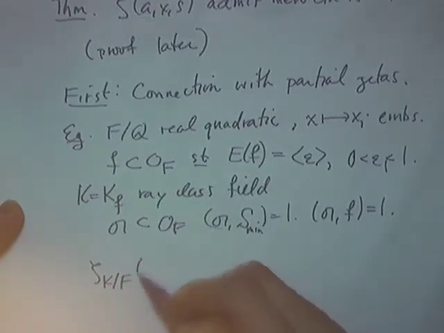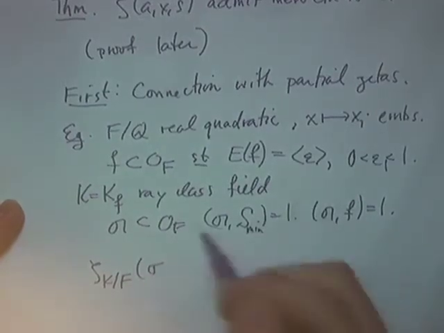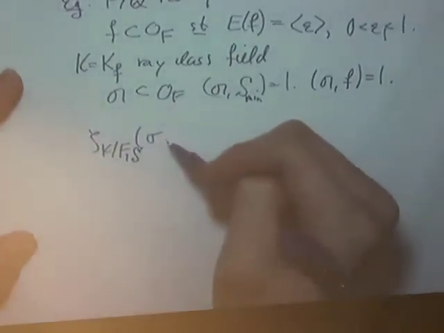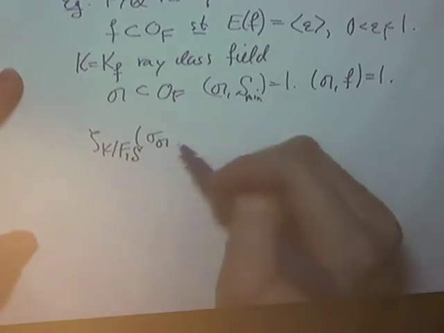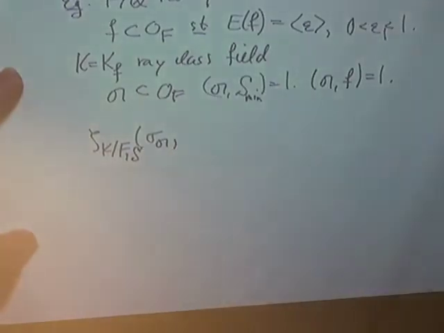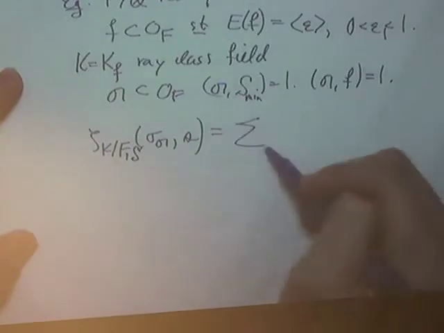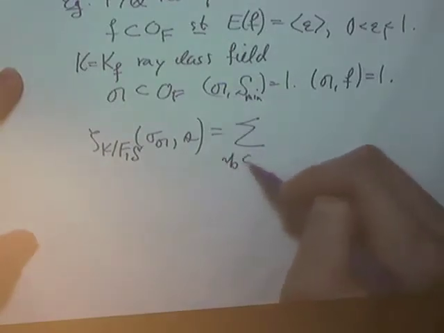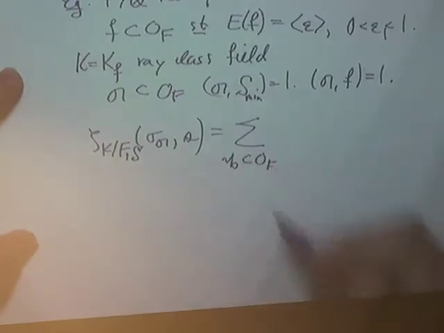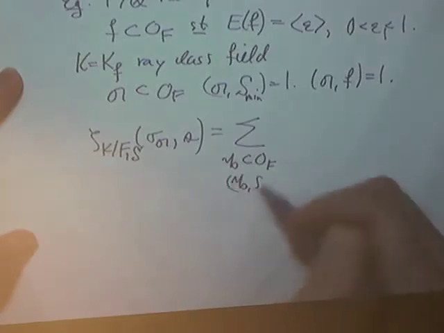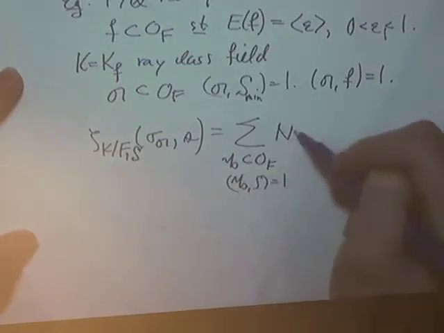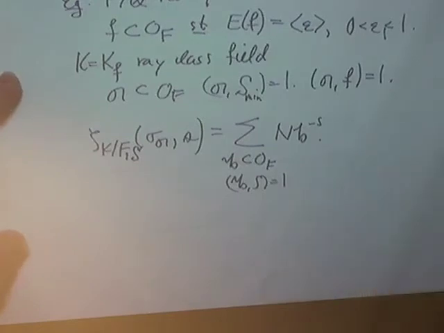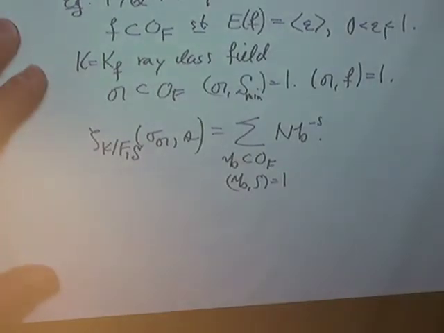In terms of Dirichlet series, the partial zeta function relative to the extension K over F and the set of places S of the Frobenius automorphism of A evaluated at s is going to be the sum where B is an integral ideal of O_F, which is prime to S, of the norm of B to the minus s.